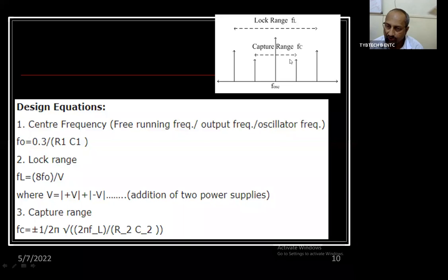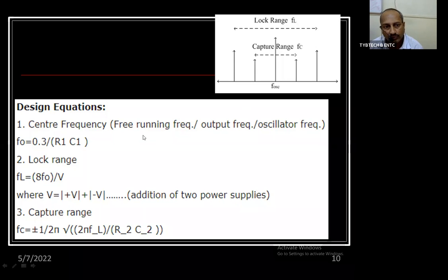And then what is capture range? Capture range is similar, it is the frequency range similar to the input frequency signal, and it will always be less than the lock range, as can be shown in this one.